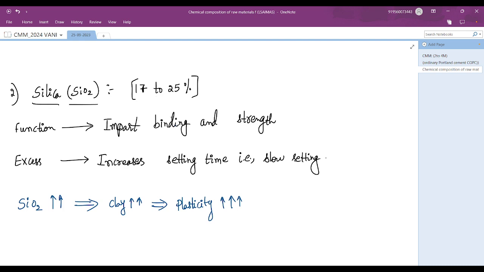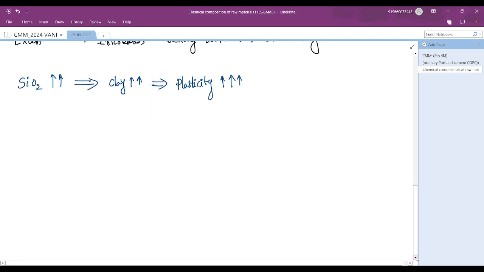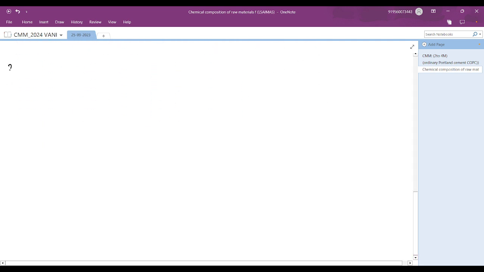So the next ingredient, the next oxide present in cement raw materials, is alumina, Al2O3. The third one is alumina.